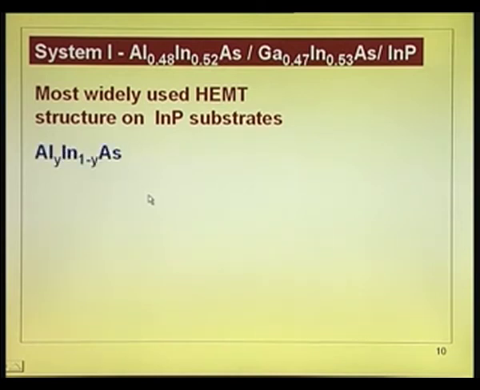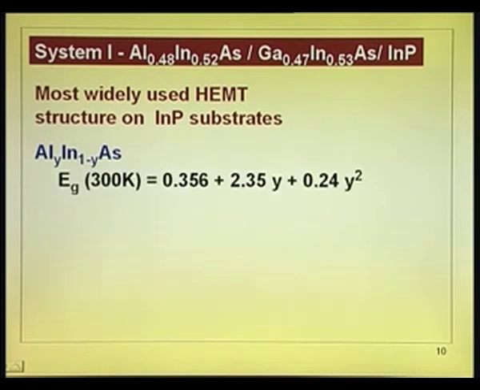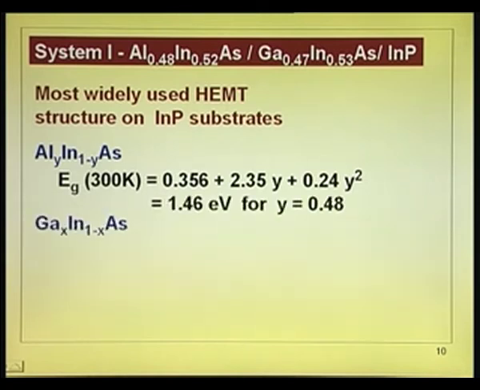Here I just wanted to give you some formulae, because I wanted to correct some of the concepts that we had earlier. All through, what we are telling is, if you mix two materials, the band gap varies linearly. It is actually not linear. In fact, when I showed you the band gap versus aluminum content in aluminum gallium arsenide, it is slightly non-linear.